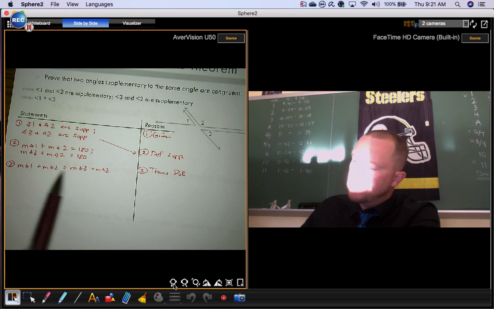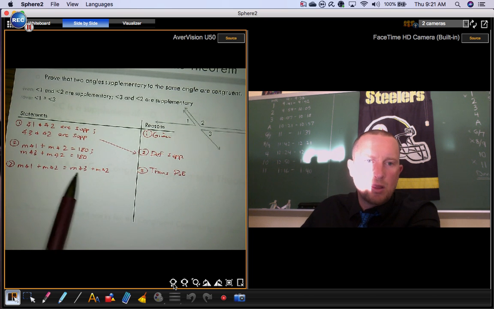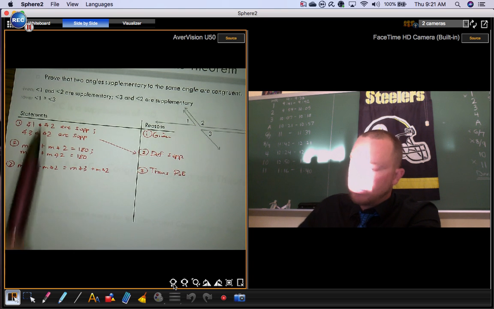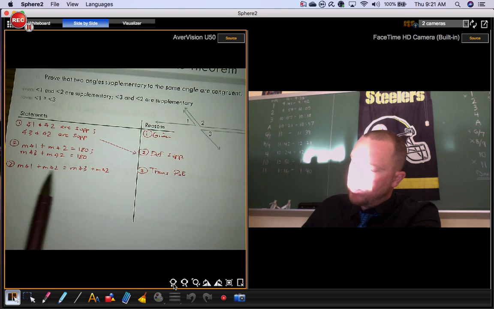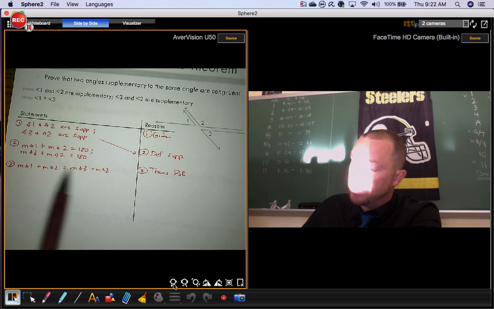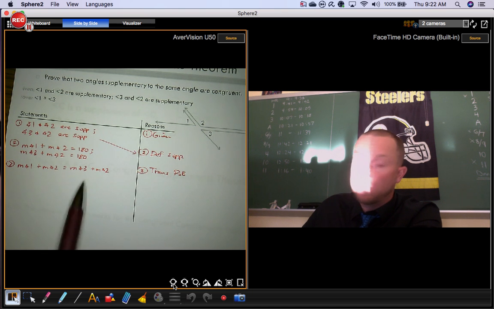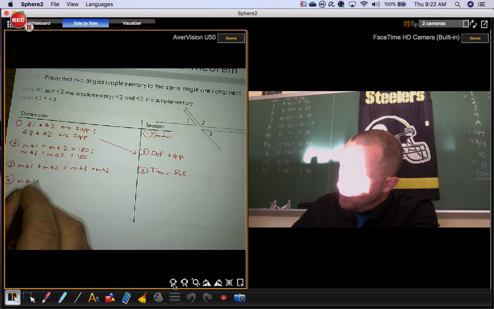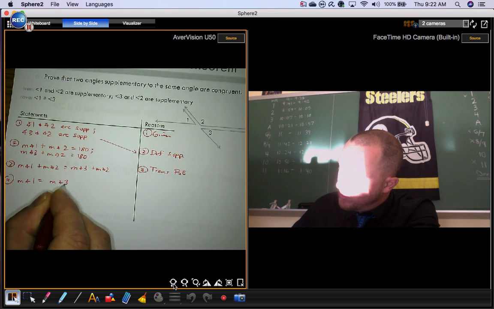Now, hopefully you can start seeing this thing shaping up to look like this. Notice how we have an angle 1 and an angle 3 on each side. Notice also that we have an angle 2 on each side. So if you have the same angle on each side, you could easily remove it from each side to say that the measure of angle 1 equals the measure of angle 3.